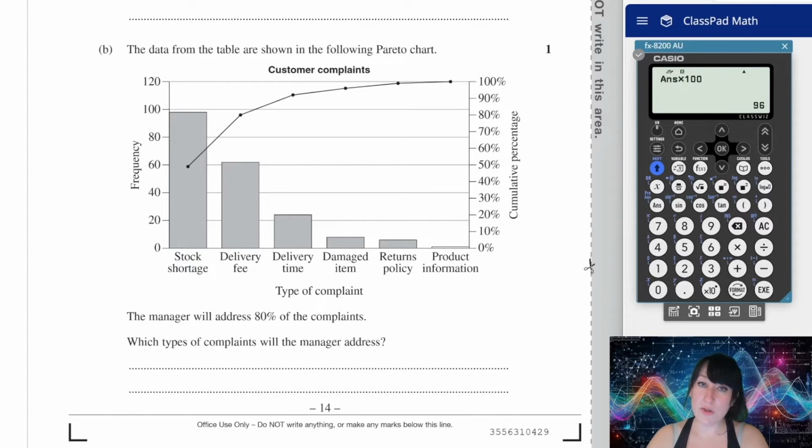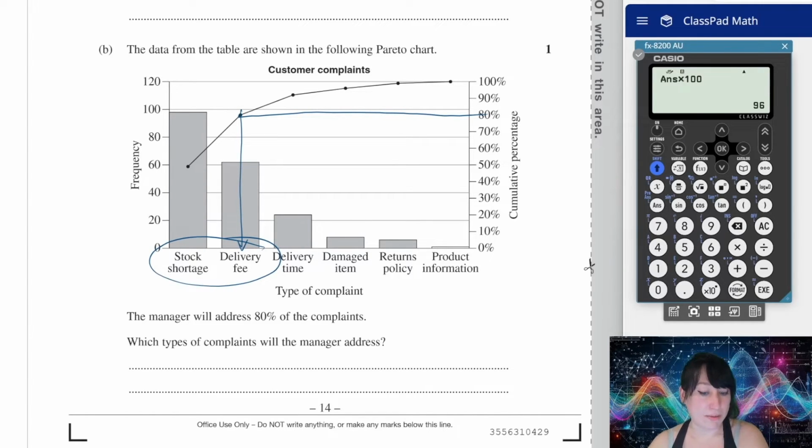So if he's going to address 80% of the claims, then we would find that cumulative, everything up to delivery fee is 80%. So remember that's cumulative. That means it includes that and everything before it. So if he addresses these two items, then he will be addressing 80% of complaints.